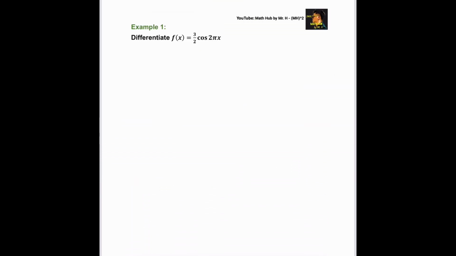For example 1, we are asked to differentiate f of x equals 3 over 2 times cosine of 2 pi x, differentiating with respect to x. To begin with, f prime of x equals, we separate 3 over 2, and we get the derivative of the outside.